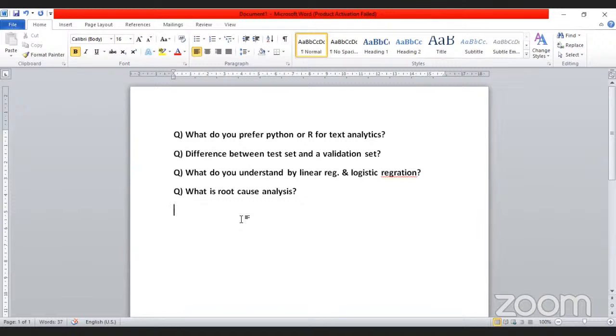In simple terms, what is the root of the problem, to identify the solution for that problem, right? If we know what the issue is, then we are able to implement a solution. That is the root cause analysis.